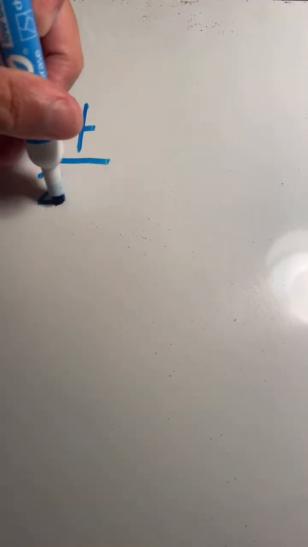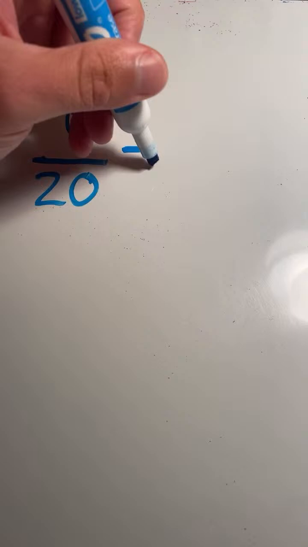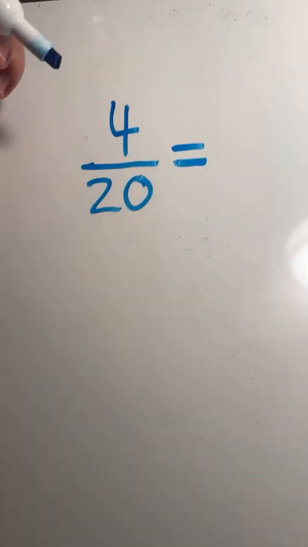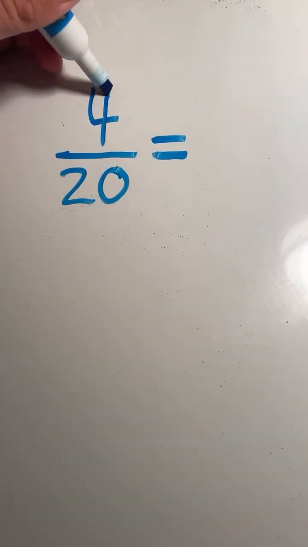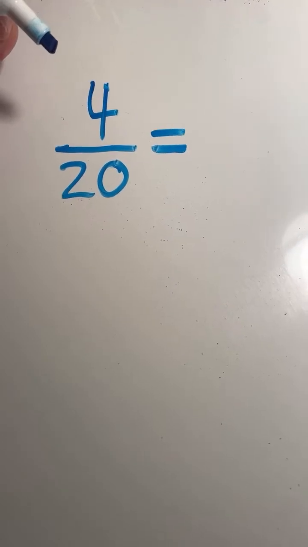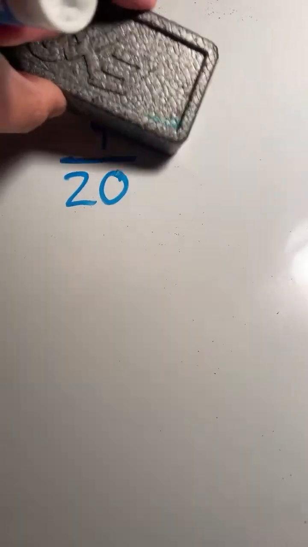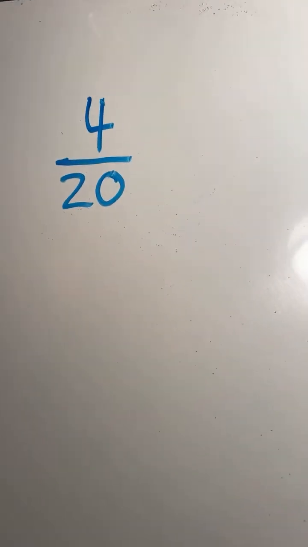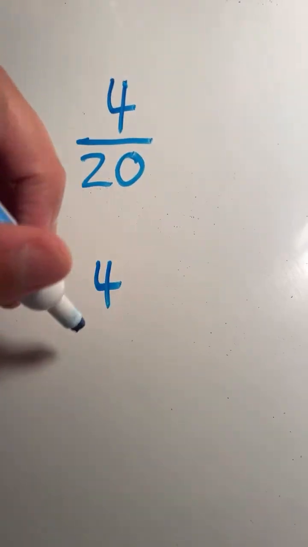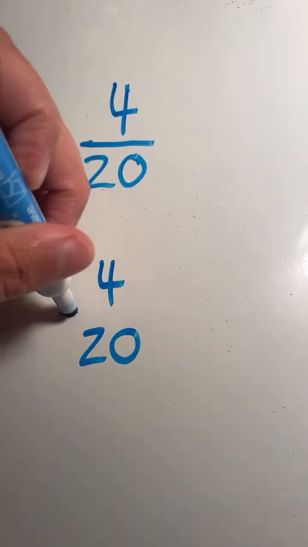All right, next example, 4/20. So again, we have to find the greatest common factor between 4 and 20.